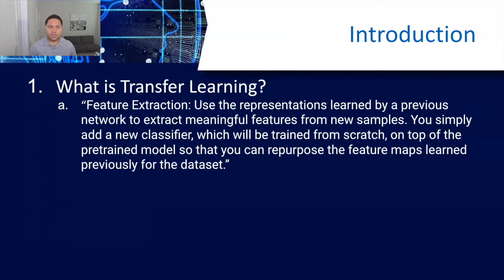And then you're going to use that feature map to map the data that you have to that feature space. And then you use that new feature space just purely for training purposes on top of your new information. And so essentially, you can kind of think of this as almost a free lunch in a sense.